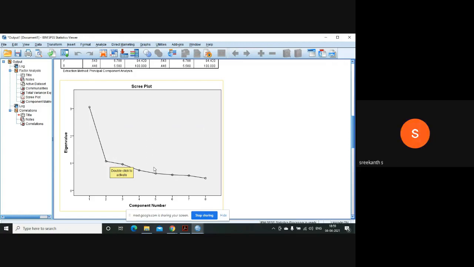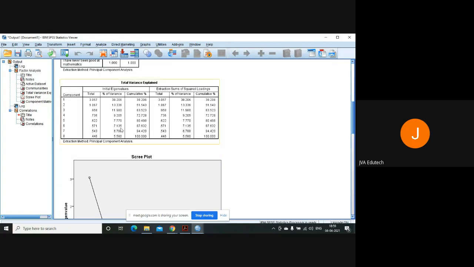Right? So the scree plot tells you finally how many factors you need to extract. And if you see in our eigenvalues, after the first 2, all the eigenvalues are less than 1 also.